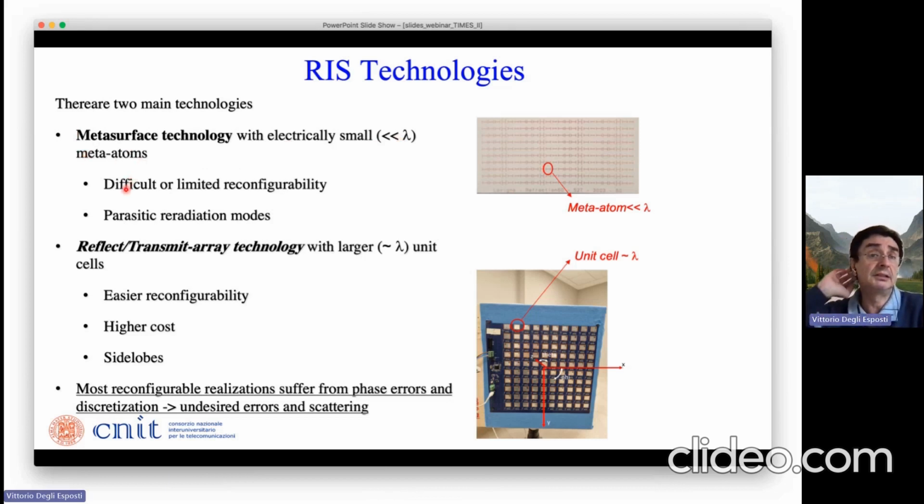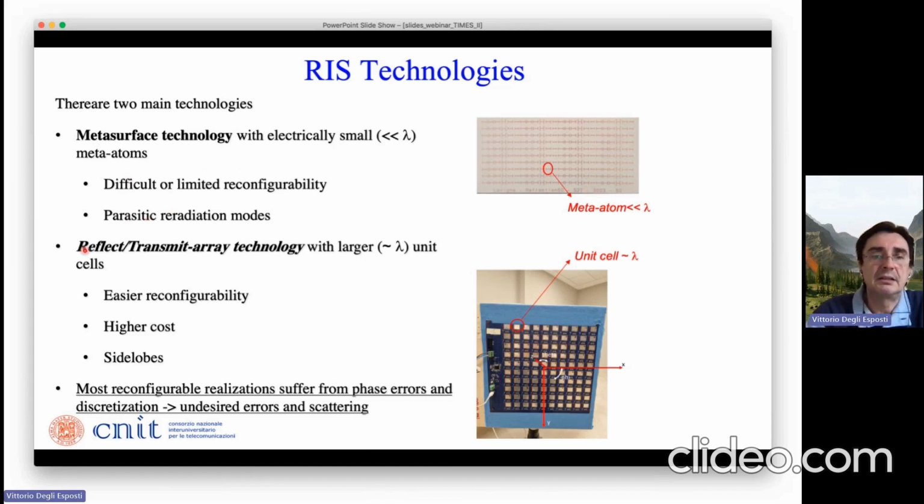This is cheap technology, but reconfigurability is difficult or somehow limited, and there are parasitic radiation modes. So the surface can radiate multiple modes, not only the desired wave we intend the RIS to radiate.